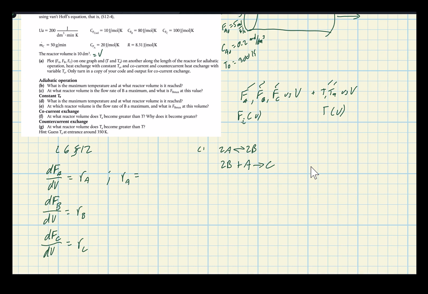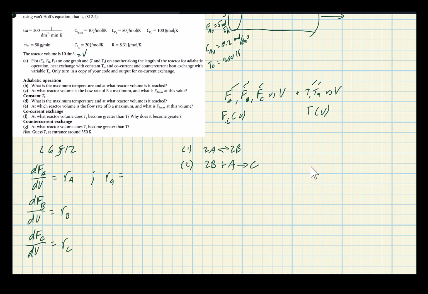So right here, we have reaction 1 and reaction 2. From stoichiometry, if we're looking at just reaction 1, the reaction rate of A over 2 is equal to the opposite of the reaction rate of B over 2. That's all just to say that reaction rate A1 is equal to the opposite of reaction rate B1. Easy enough.